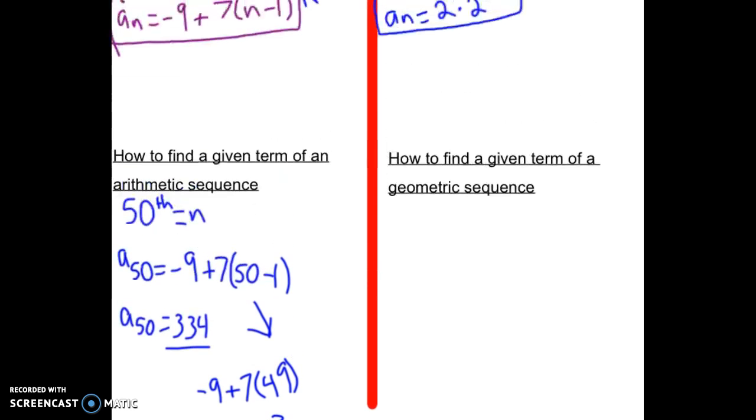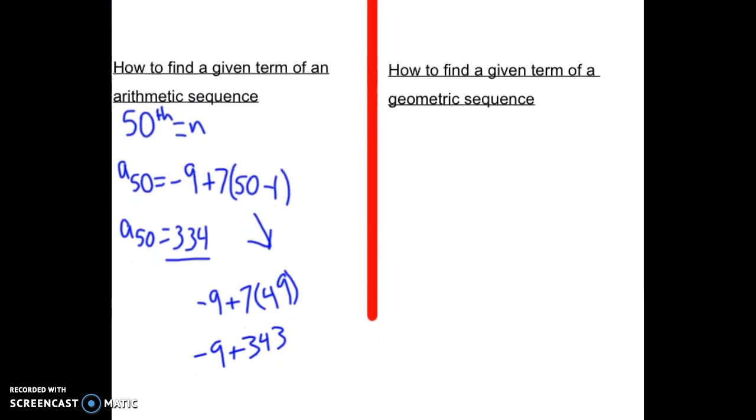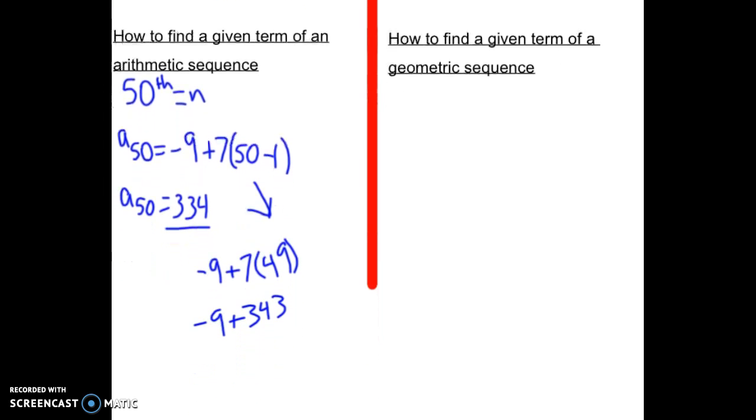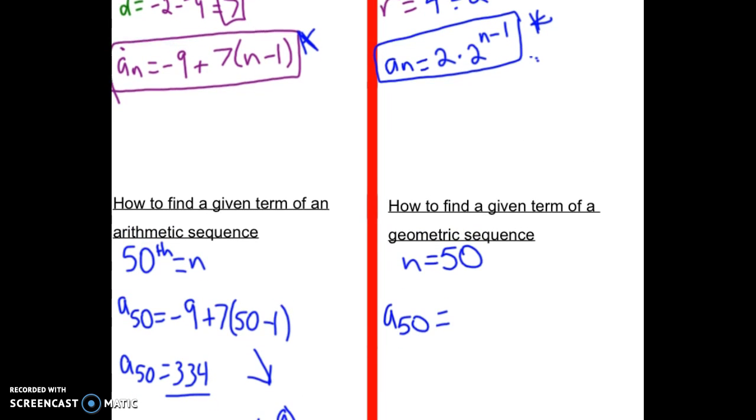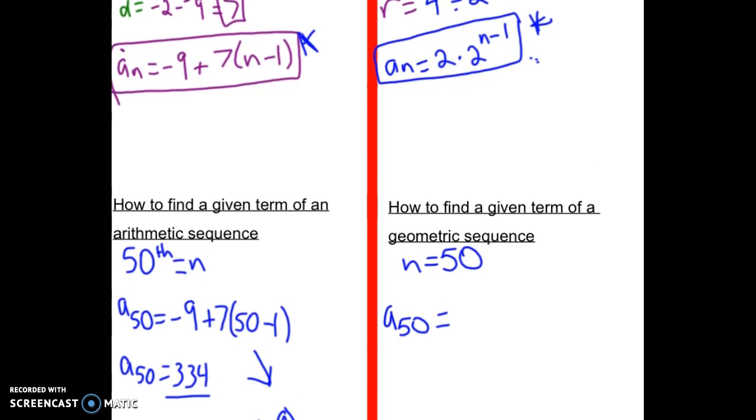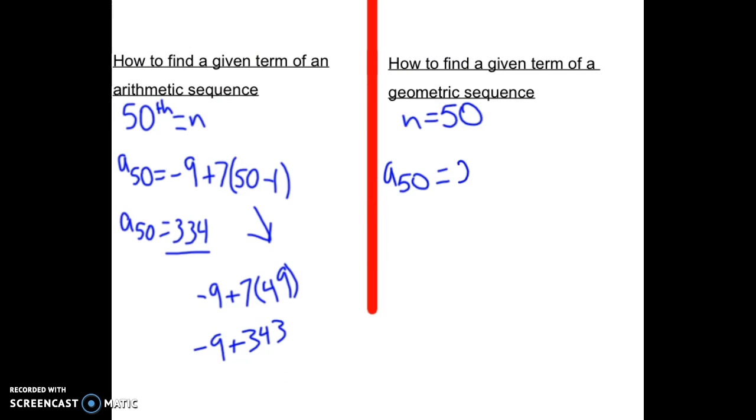Now, geometric, same thing. How to find a given term of a geometric sequence if given the explicit formula. I still want to find n equals 50. So what is a sub 50? A sub 50 in this geometric formula that I derived a little bit earlier, 2 times 2 raised to the n minus 1. So I have 2 times 2 raised to the, you guessed it, hopefully instead of n I'm going to write 50 minus 1.